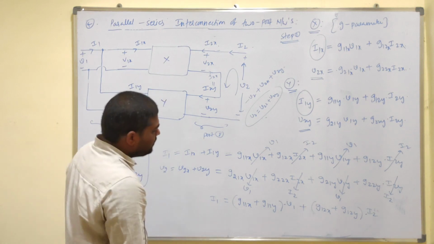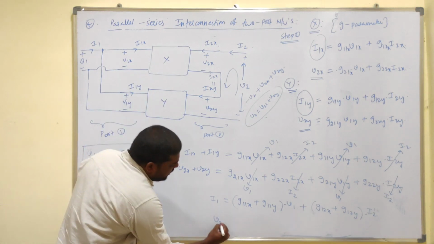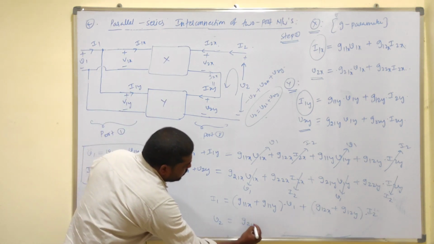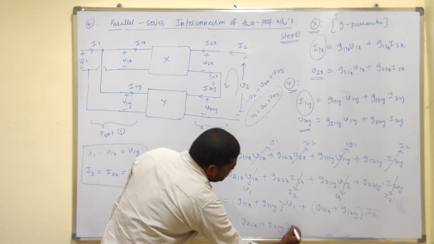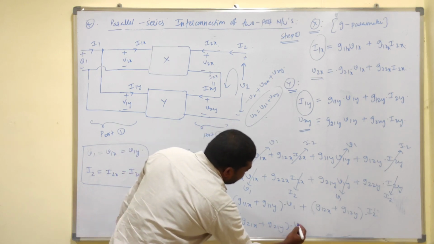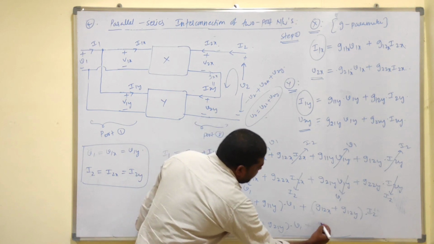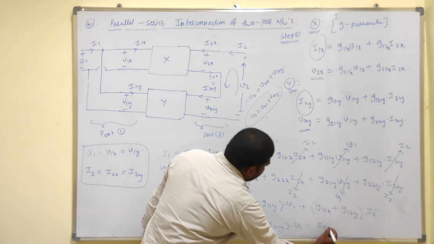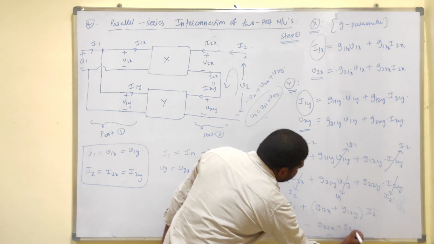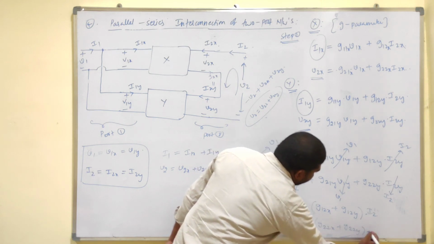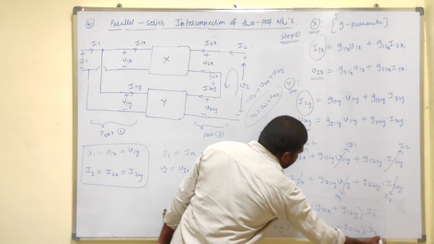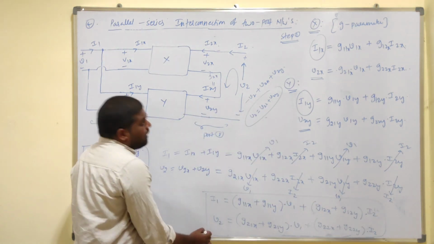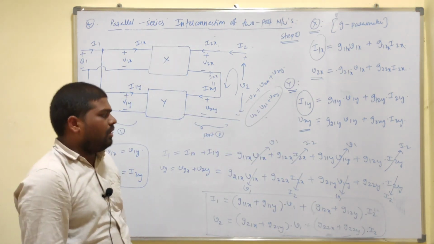And next, V2 equals G21x plus G21y into V1, plus G22x plus G22y into I2. These are the G parameters for the parallel-series interconnection of two-port networks.